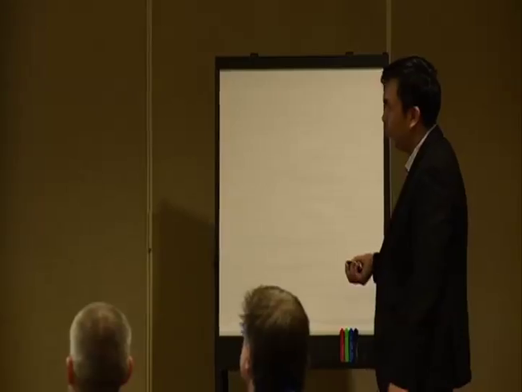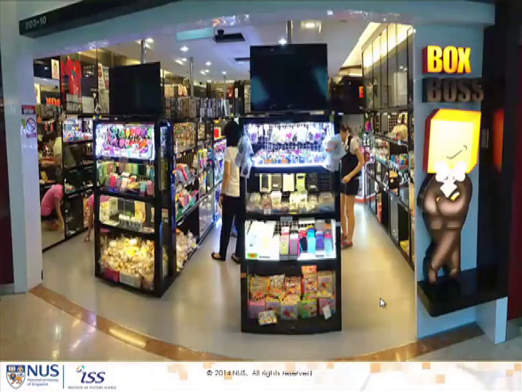When I want to introduce multi-tenancies, this is a typical picture I will introduce. This is actually a shop in Singapore. Who has visited Singapore before? We are quite a small country, so everything is expensive. Even if you rent a shop, you can't really have a big space like in the US.